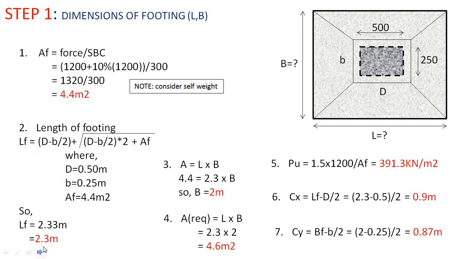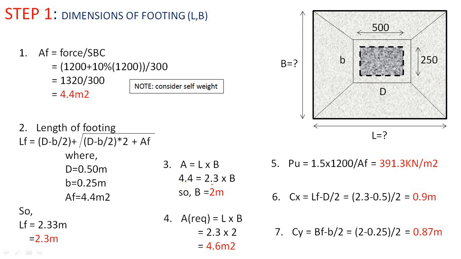Next, we have the area and the length of the footing, so we can make the breadth the subject and find it. Third step, we find B, the breadth of the footing. Area is equal to length into breadth. We have the area as 4.4 and the length as 2.3, so making B the subject, we have B as 2 meter.